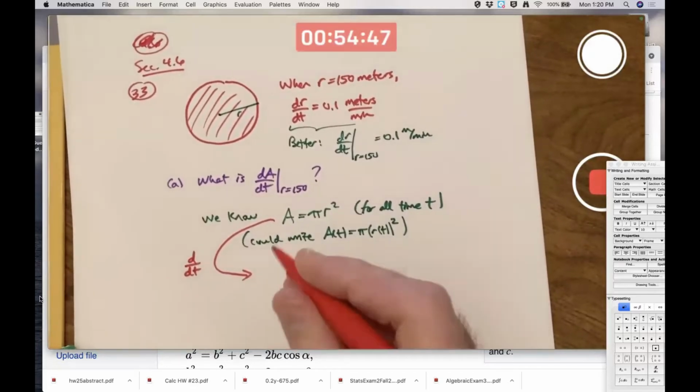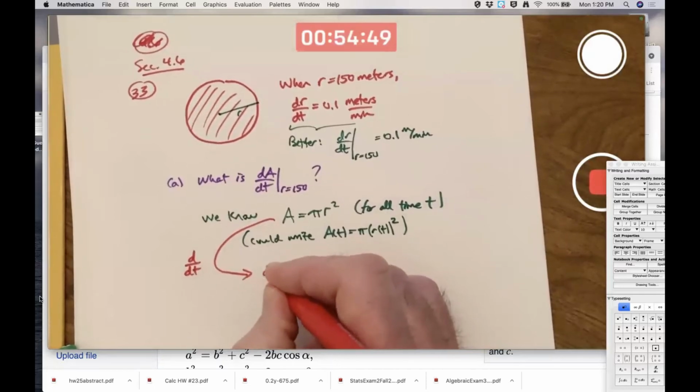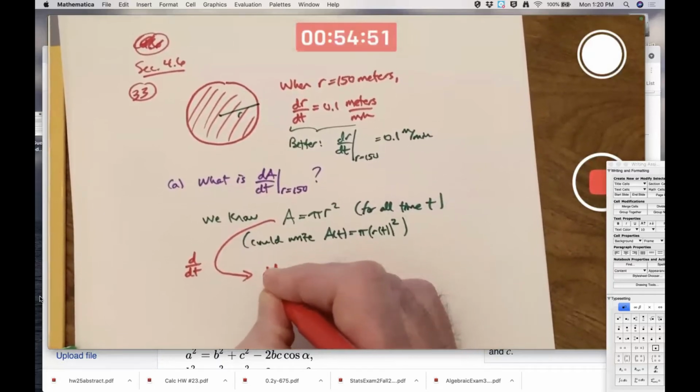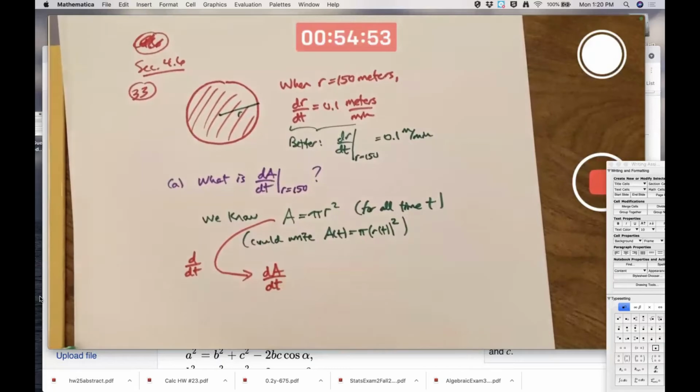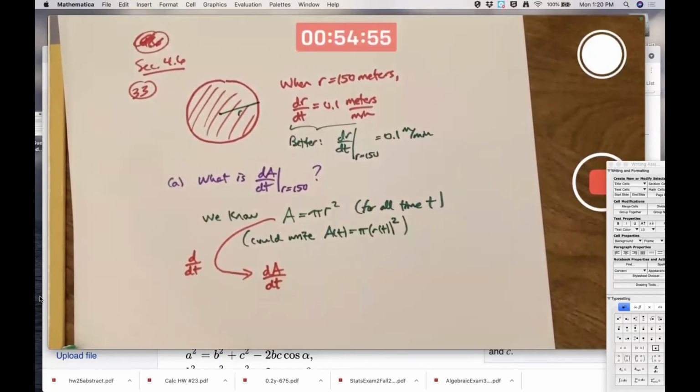Well, the derivative of a with respect to t is not 0, not 1, it's dA dt. This kind of has somewhat of a similar feel as implicit differentiation. It's not the same thing, it's just somewhat similar in feel.